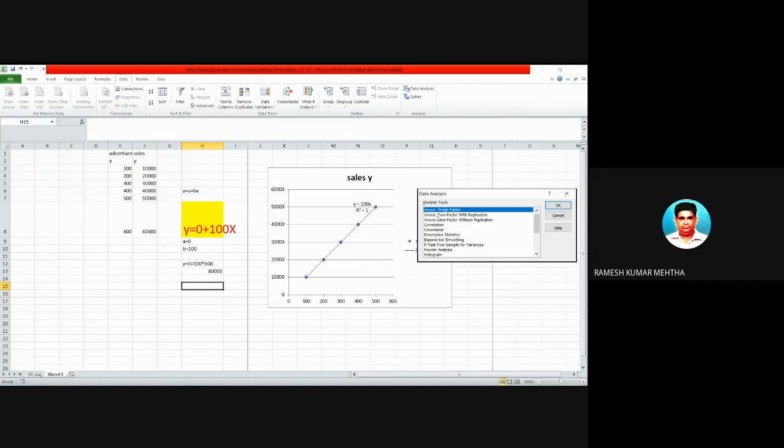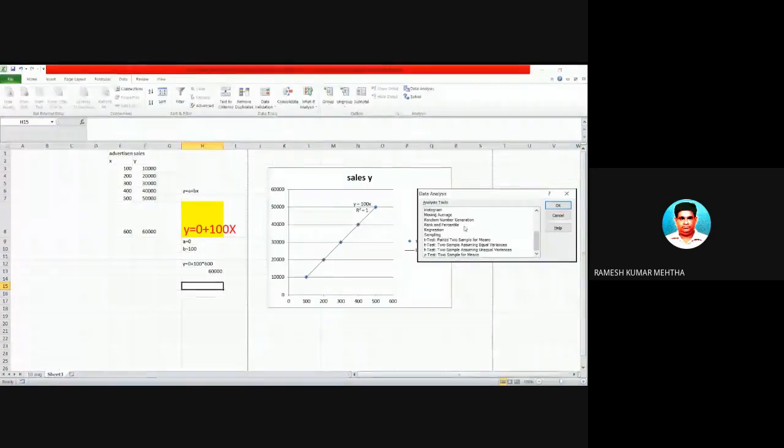The data analysis tools are ANOVA single factor, ANOVA two factor, ANOVA two factor with replication, correlation, covariance, descriptive statistics, exponential smoothing, F test two sample for variance, histogram, t test paired sample, regression, and many other things. Moving average, rank, and so on and so forth.